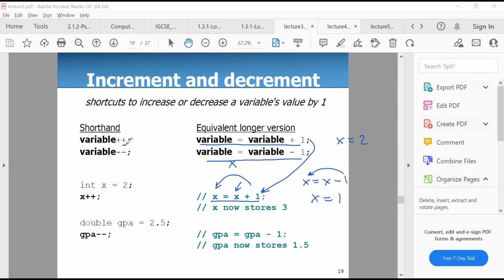But now have a look here. This is the new thing. I know that this is something heavy on the heart. I felt the same when I learned that before. But with time you will find that these two are actually equivalent. It's exactly the same. And also the same goes with minus minus.